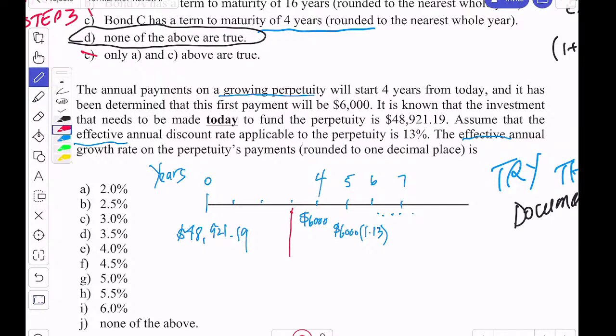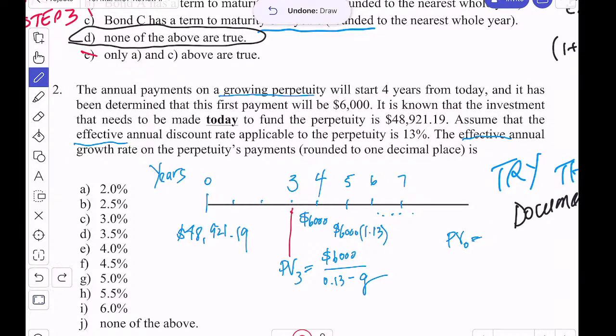So PV3 would be the present value of growing cash flows, with the first one as 6,000 and then divided by I minus G. That's the perpetuity formula. It goes like this. You just need the first one divided by I minus G.